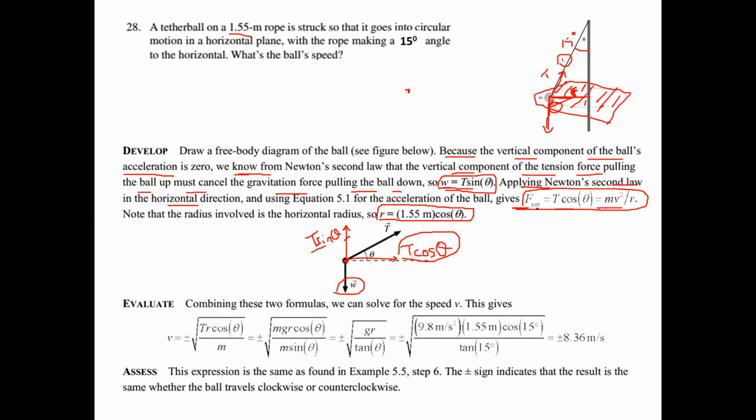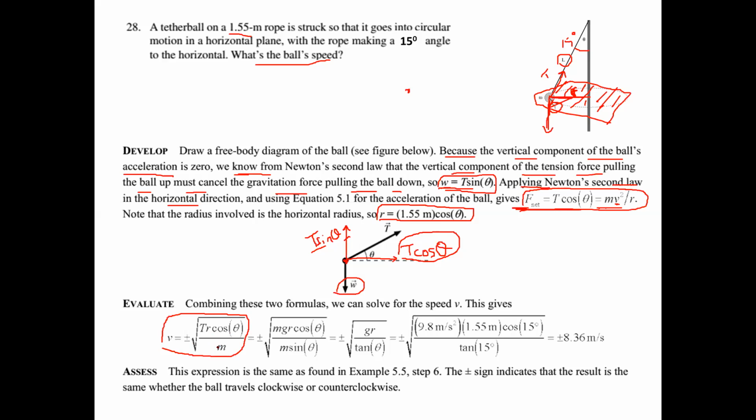You will solve this equation for v here because you want to find the ball speed, right? So in this case, if you rearrange this equation for speed here, you will get this one, okay?